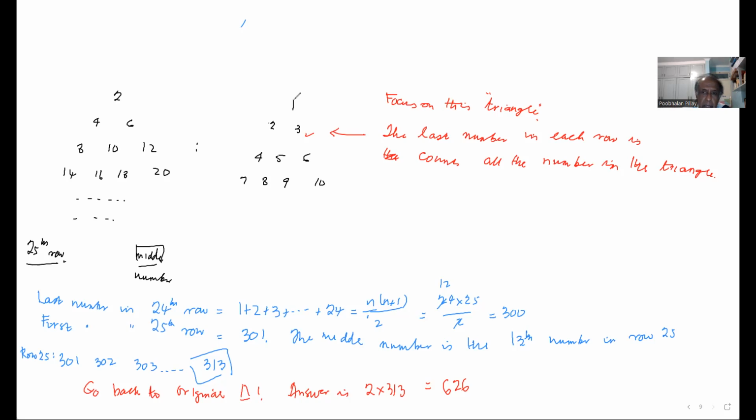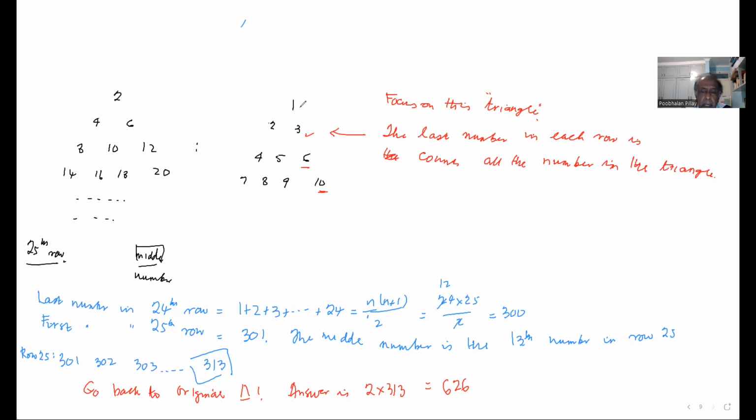So 1, 2, 3, right? So that's the last number. 6 is 1, 2, 3, 4, 5, 6. You count all the numbers in that triangle and that gives you the last number here. So the last number in each row is the count of the total number of numbers in the triangle.